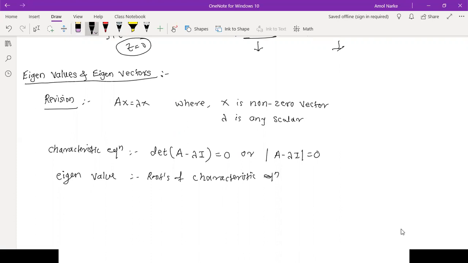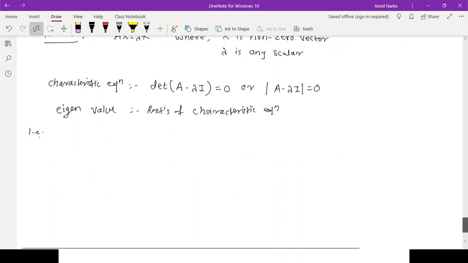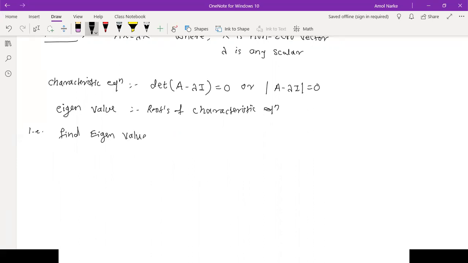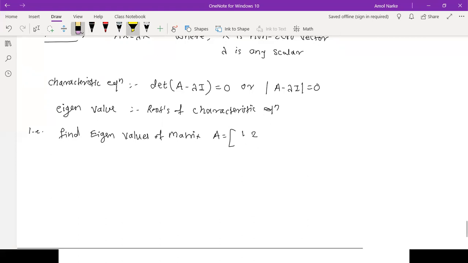Let's see an example of how to solve that. A is your square matrix. Find the eigenvalues of the matrix A, a square matrix given as 1 2, 2 1.